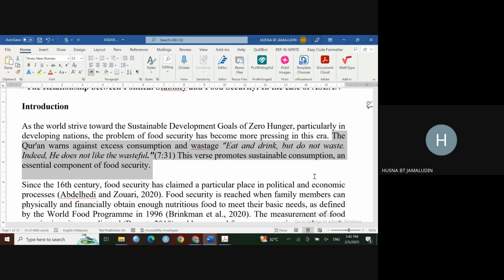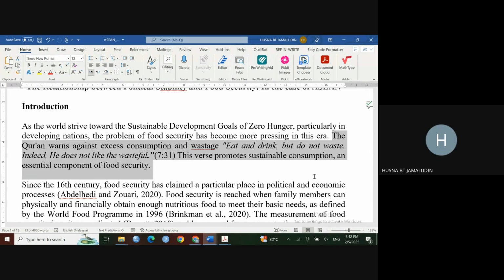So it doesn't have a link to the problems of food security. You are talking about food security and then suddenly you are talking about wastage. So here, there is a missing link. You are assuming that people are having the issue of food security because people simply waste their food, or consume excessively. But it doesn't link with the previous statement.